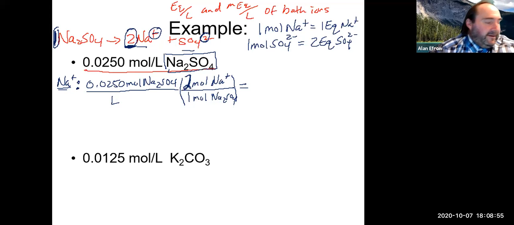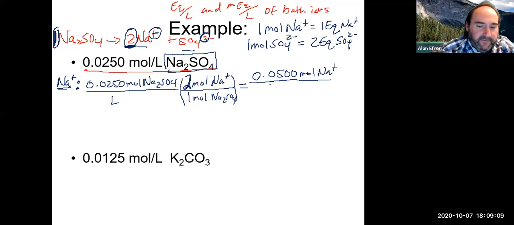And if I do that, I will get 0.05 moles of sodium ion per liter. So again, this first part here is just to get us to just the sodium part.